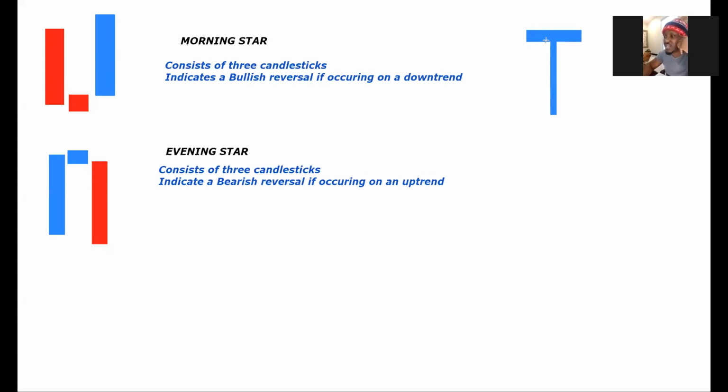And what is this? This is a dragonfly doji, right? So in your head, this is what we were learning last time, where you can combine the candles. You can combine the candles because on a bigger time frame, they have been already combined. In your head, this is what you're looking at.